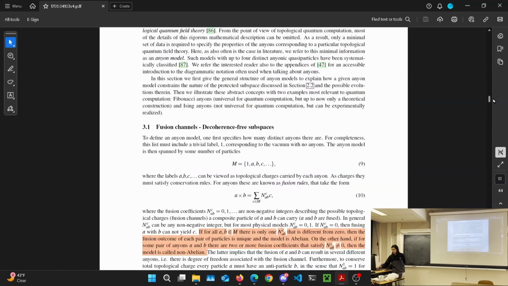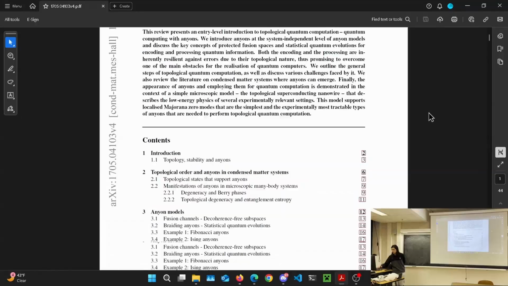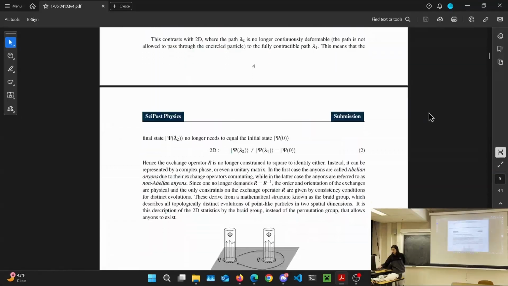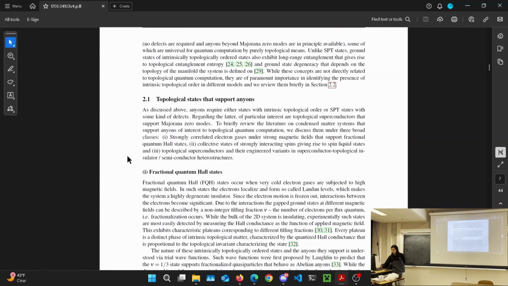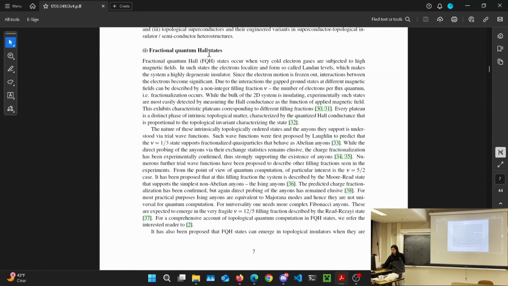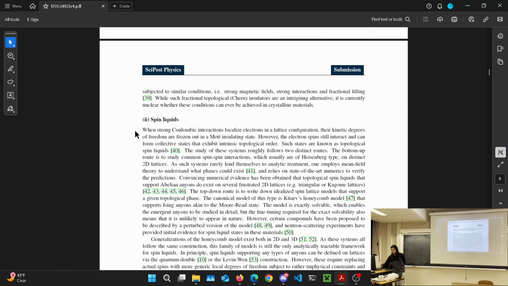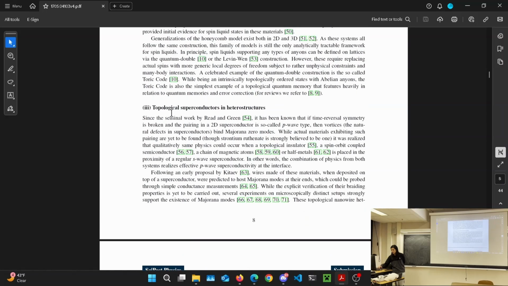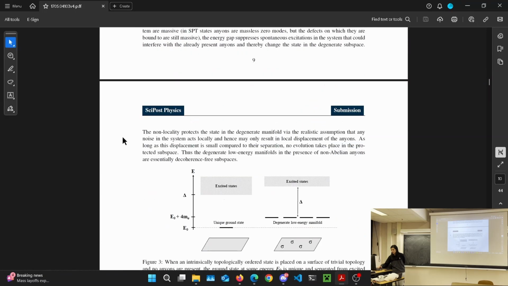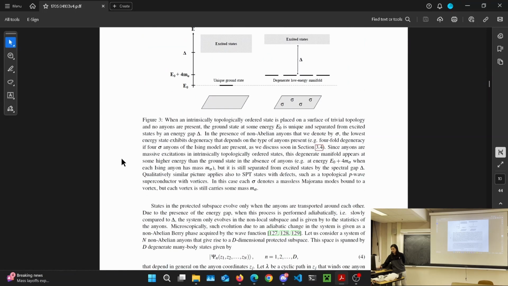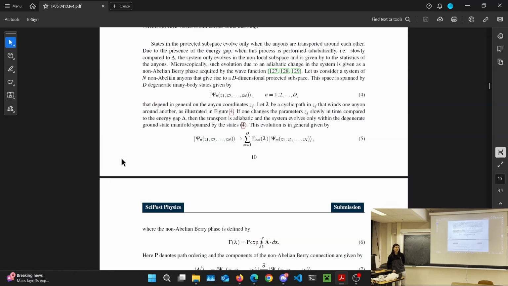There's also other physical processes in condensed matter systems. So fractional quantum Hall states, spin liquids, topological superconductors. I don't really understand this stuff, but if you're interested, you can look into that.